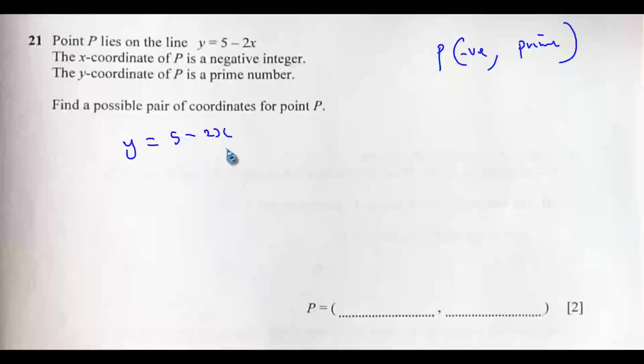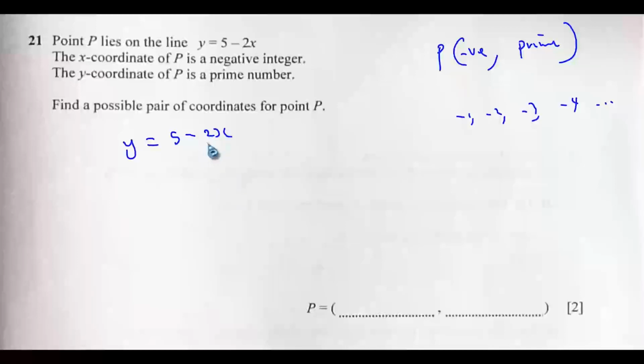So what we can do now is to test the value of x. Maybe -1, -2, -3, -4, and so on. Which of these will give us a prime number for the y coordinate? So let's try to do this.